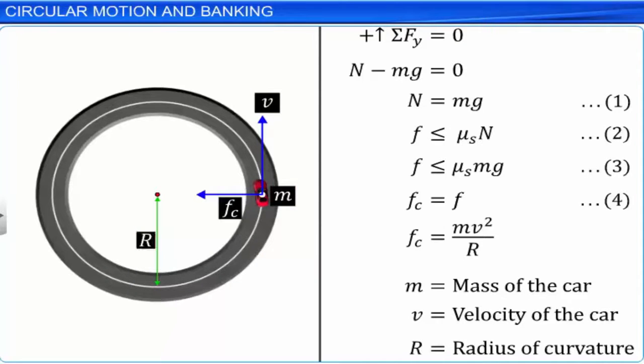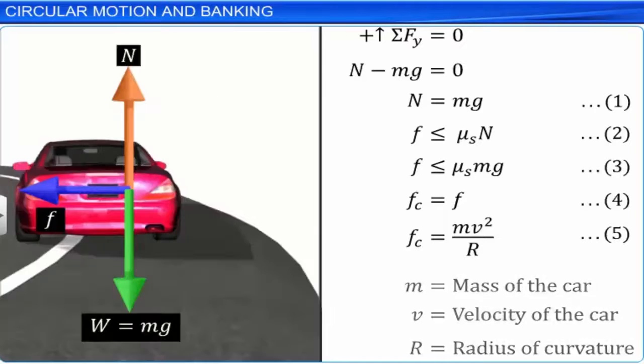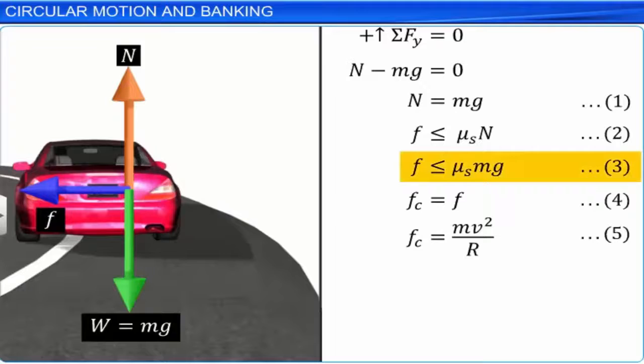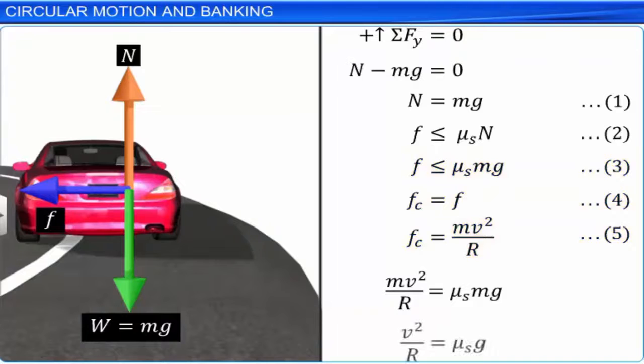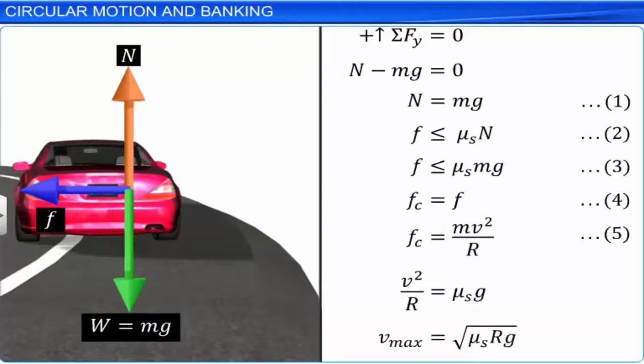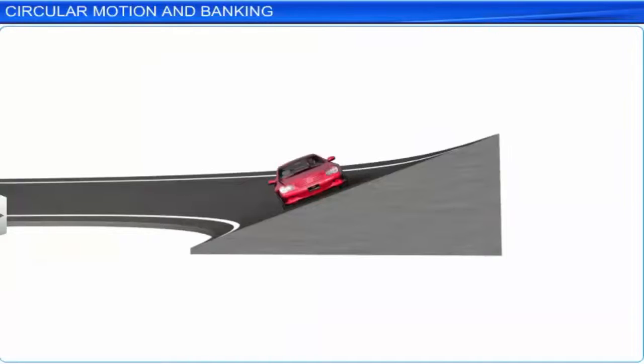Let us call this equation 5. Substituting equations 3 and 5 in equation 4 and simplifying, we get maximum velocity, V max, as the square root of mu s r g. That was about a car moving on a level, curved road.